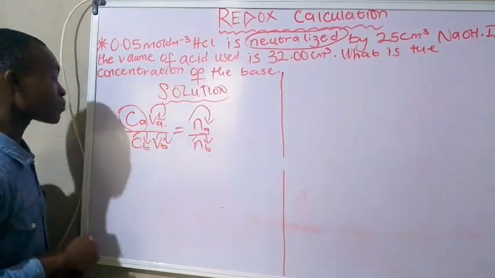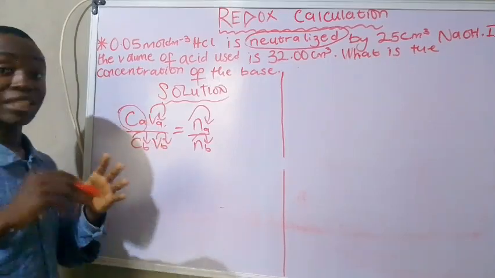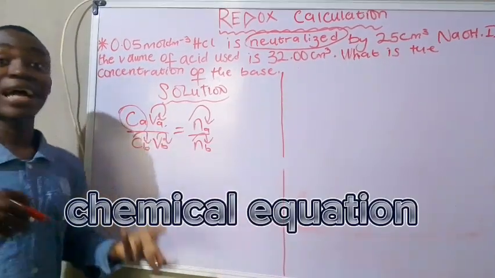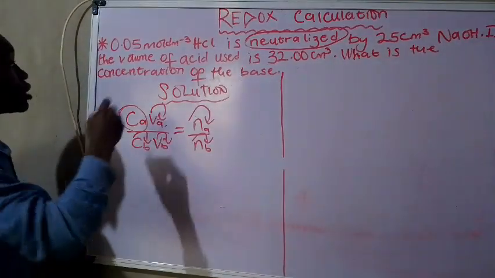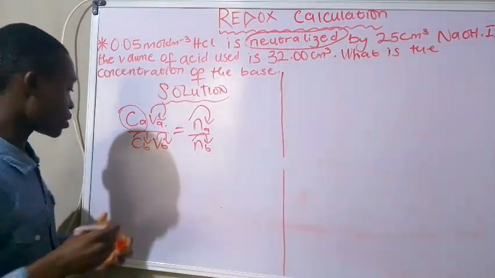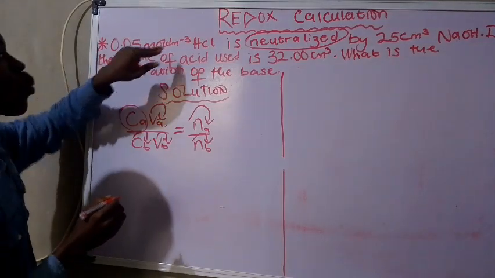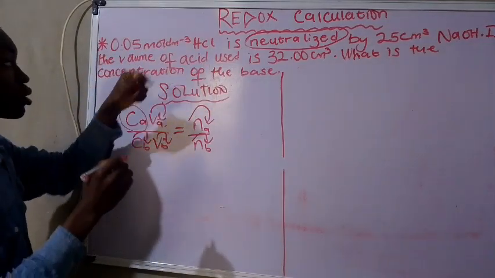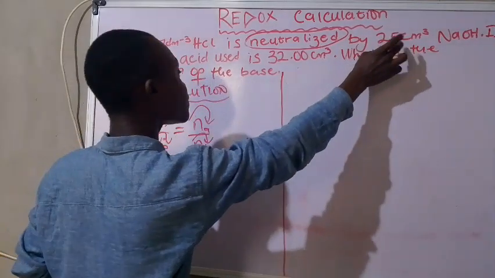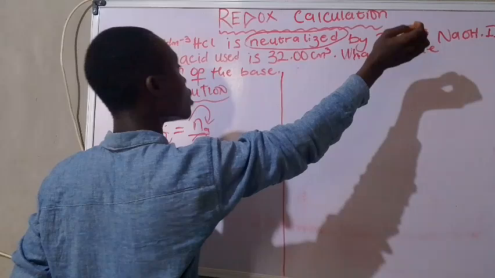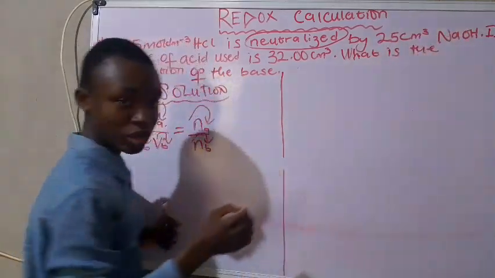Now, when solving for redox calculation, you must have a general knowledge of how to derive a chemical equation. Let's derive the chemical equation. We have 0.05 moles per dm³ of acid neutralized by 25 cm³ of NaOH, which is also known as sodium hydroxide.